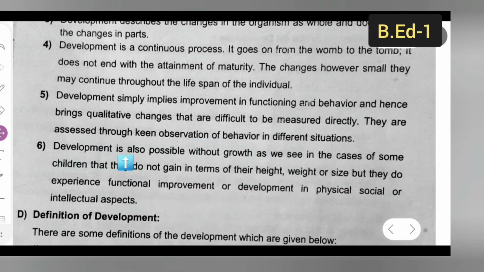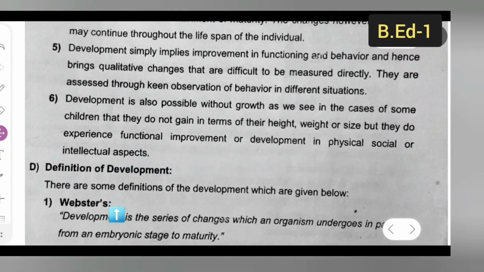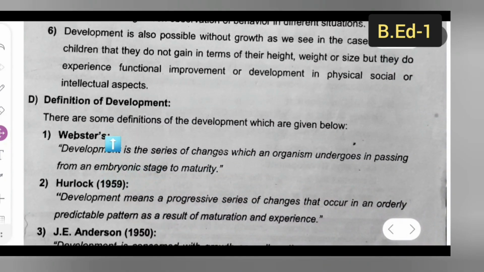Sixth point is, development is also possible without growth, as we see in the case of some children that they do not gain in terms of height, weight, or size, but they do experience functional improvement or development in physical, social, or intellectual aspects.